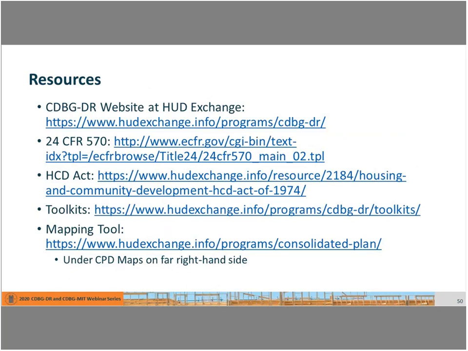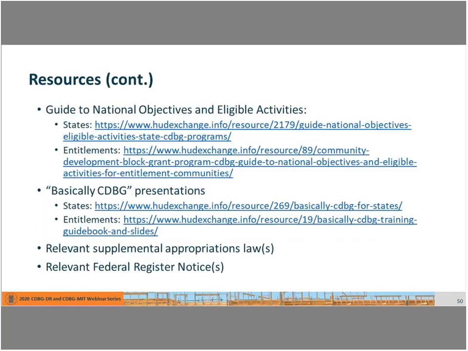Some of them are reflective of required things, like, for example, the HCD Act is obviously the underpinning of all of this. But the toolkits are not required for you to use, but there's been an investment in creating these to help grantees with their programs. So I really encourage you to take some time, go to these resources on the HUD Exchange, also through HUD.gov.